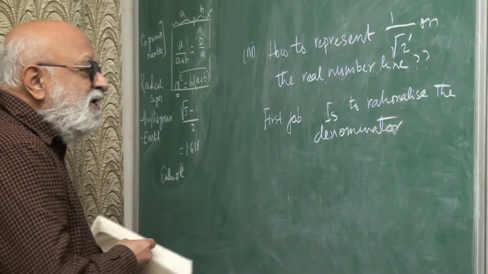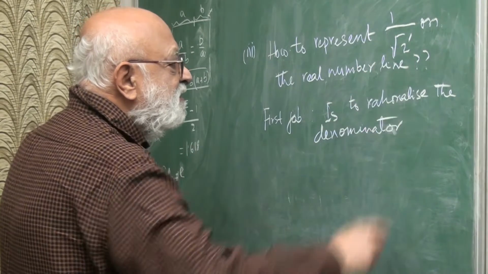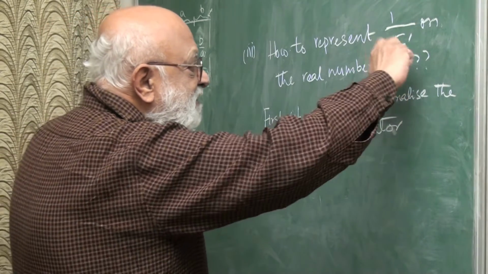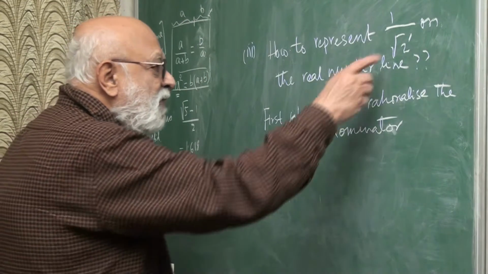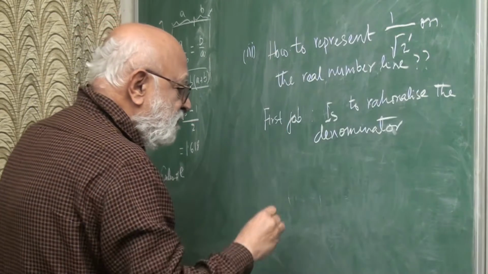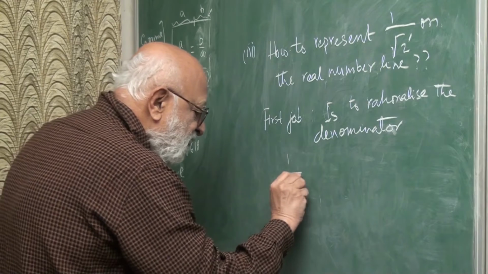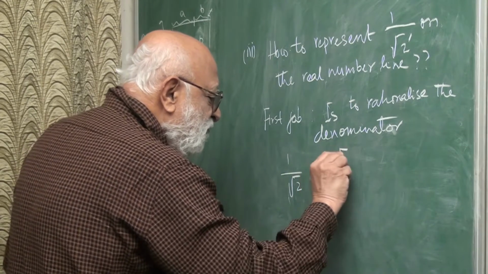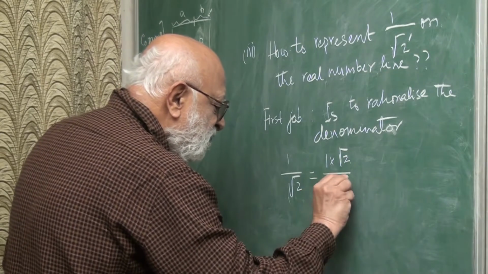I can only bring from root 2, either I square it or I multiply. I can do it two ways. Multiply both denominator and numerator by root 2. So 1 upon root 2 is equal to 1 into root 2 upon root 2 into root 2.